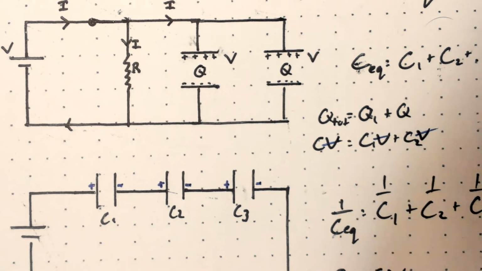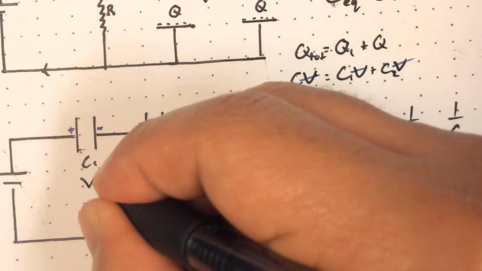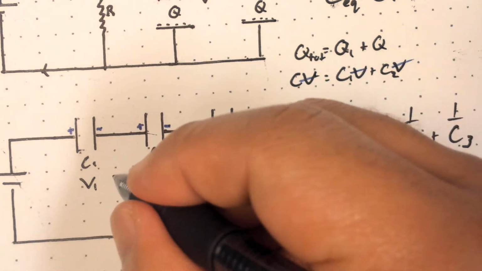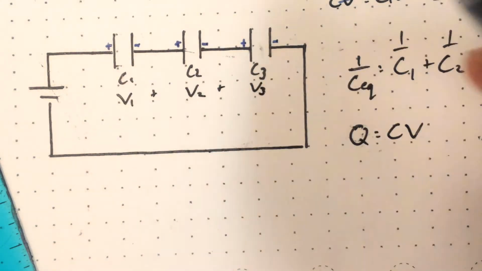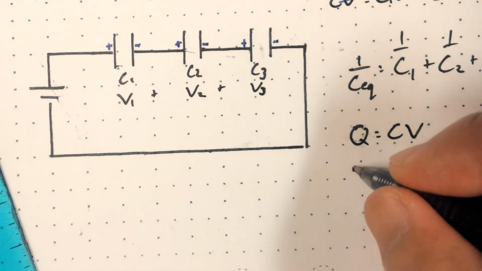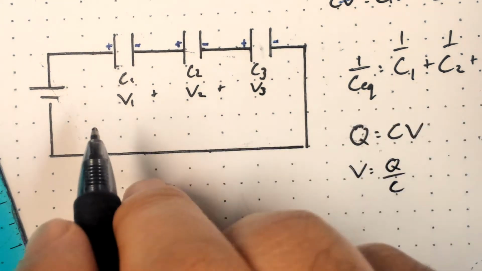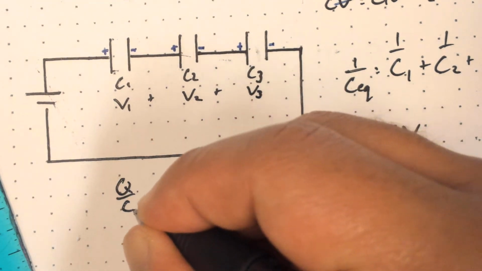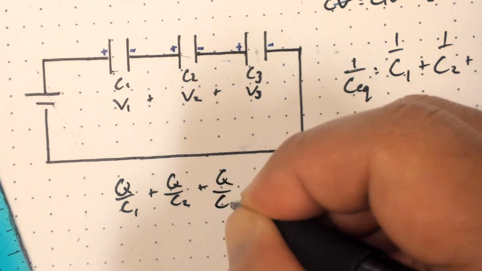Okay. Now, if we're down here, the voltages of each of these, of 1, 2, and 3, are actually going to be added together to get a total amount of voltage for that series piece, because that's how series works. And so if we rearrange this, I have V is equal to Q over C. And so if I added these voltages together, I'd have Q divided by C1 plus Q divided by C2 plus Q divided by C3.